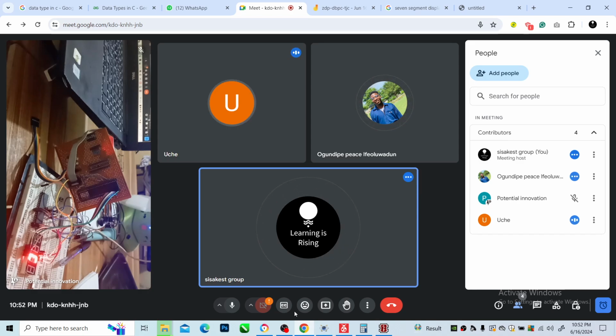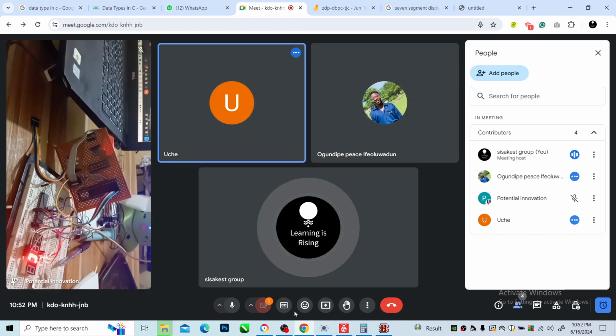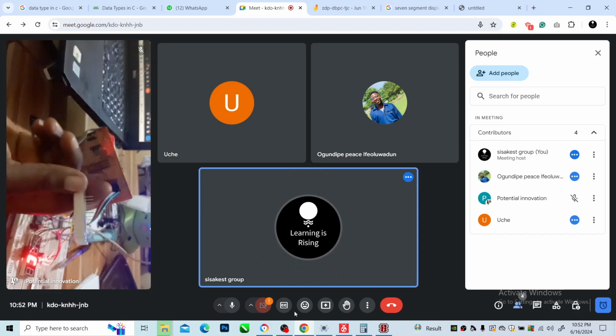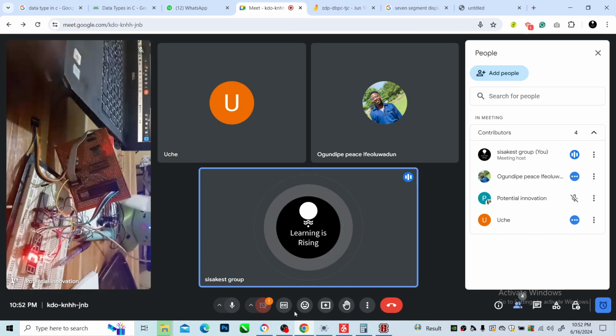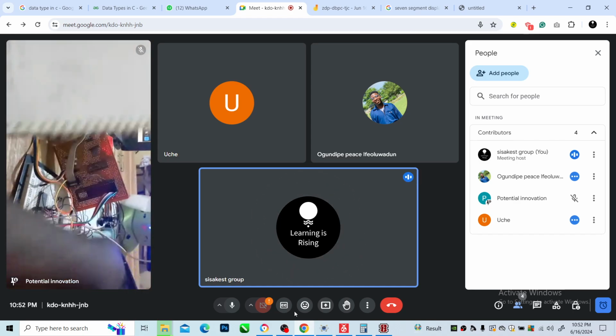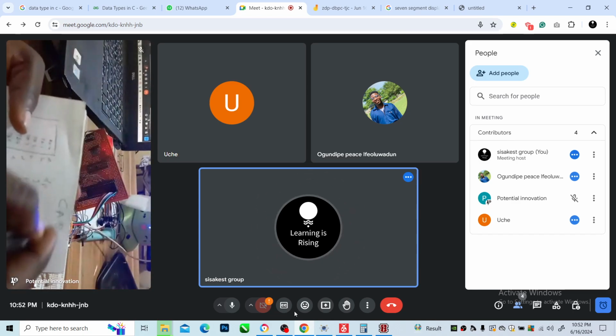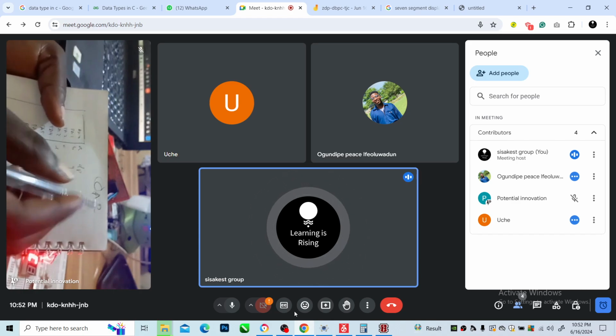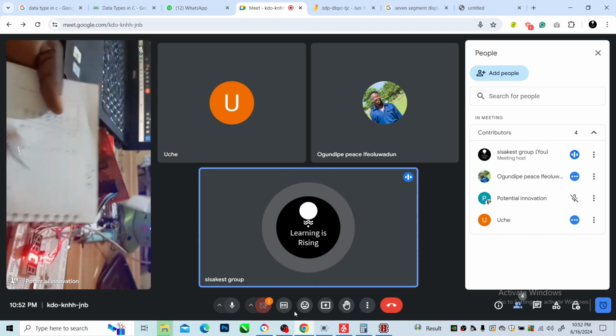I will teach that mystery in this class. How are we going to be able to do it? It's a very serious mystery, because the question is for you to write car. That's C-A-R. That means this must write C, this must write A, this must write R. But all of them share the same data line.